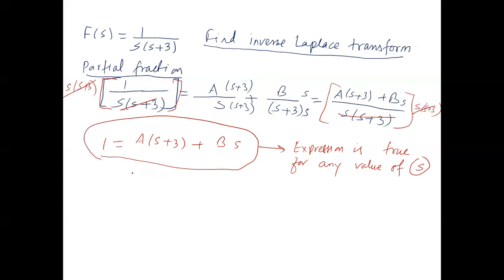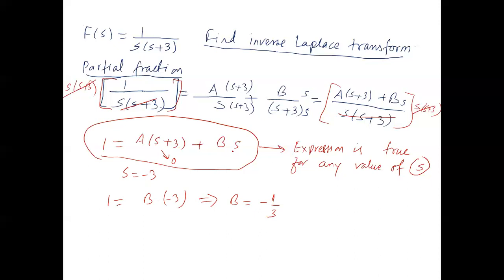Let's try to do that. If you put s equals -3, for instance, what do you get? This guy will be 0, right? So 1 equals b times -3. So b equals -1 over 3.